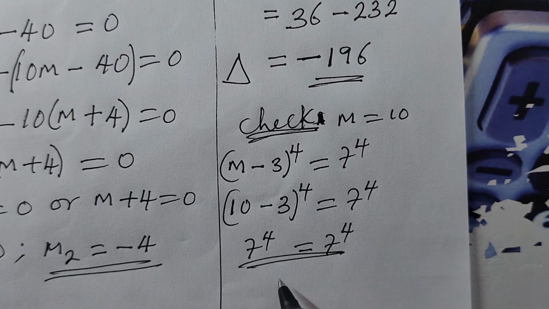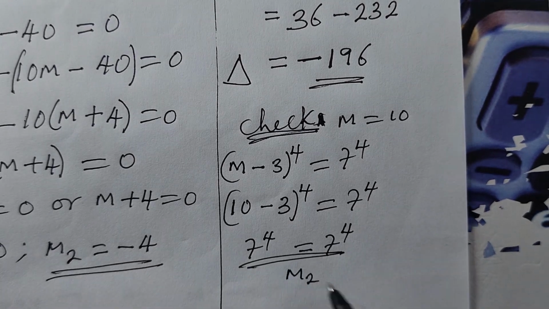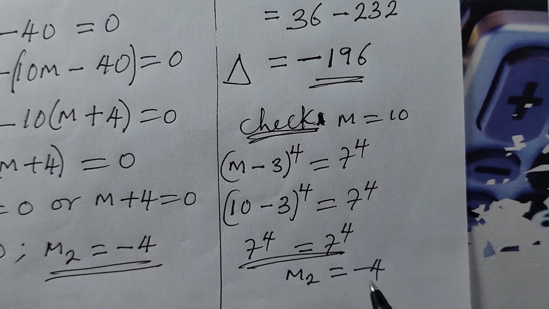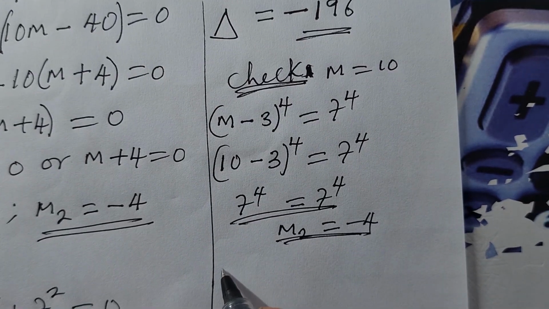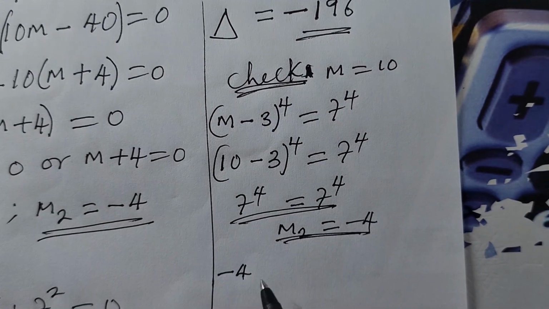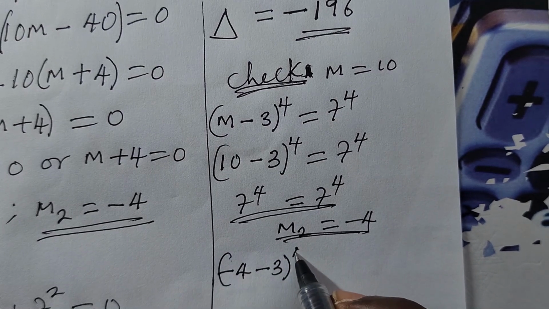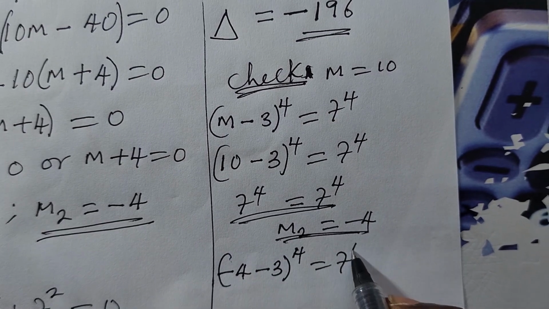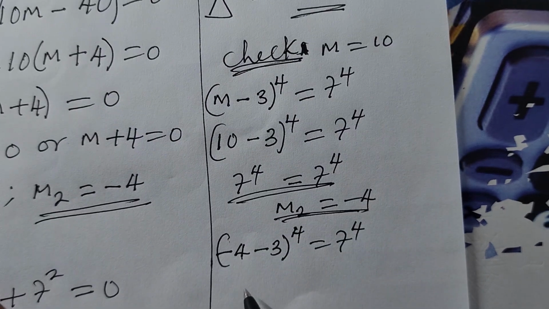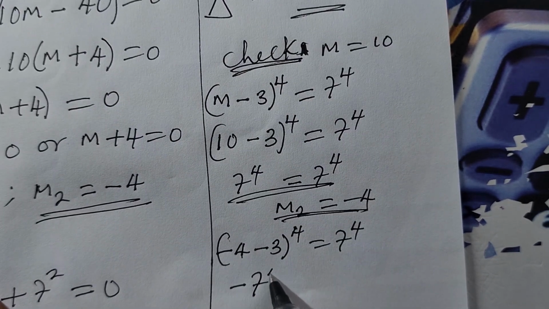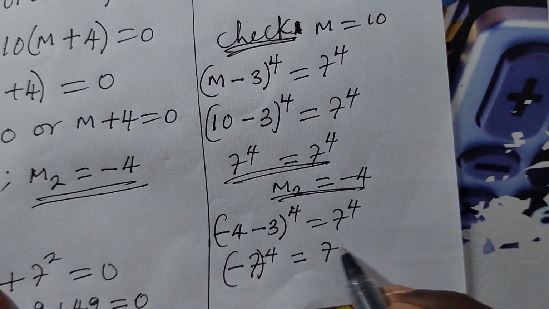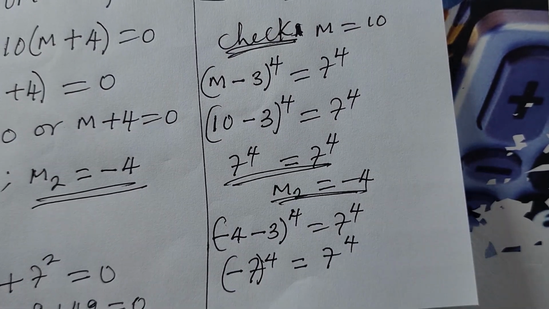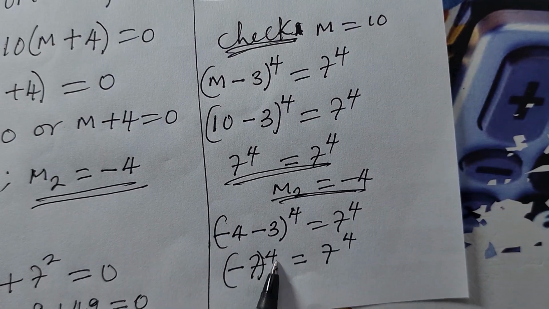So when m2 is equal to minus 4, let's substitute and see what this gives us. Here we are going to have minus 4 minus 3 all to the power of 4 equals 7 to the power of 4. So this will give us minus 7 to the power of 4 in bracket is equal to 7 to the power of 4. What is minus 7 to the power of 4?